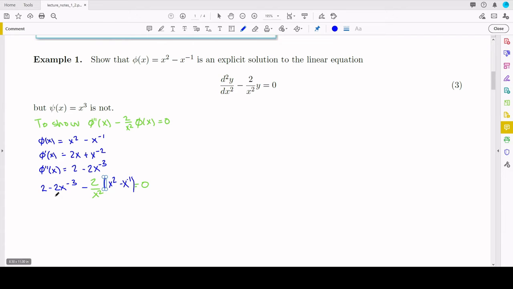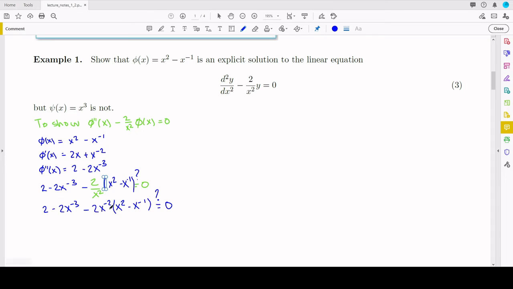Okay, and now we'll have to simplify this sum. 2 minus 2x to the power negative 3, and then think of this as negative 2x to the power negative 2 times x squared minus x to the power negative 1. And we're now asking, is that 0, right?